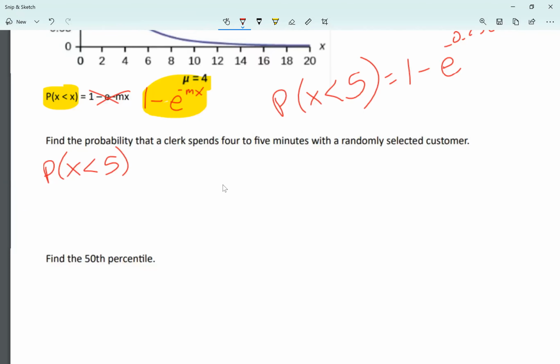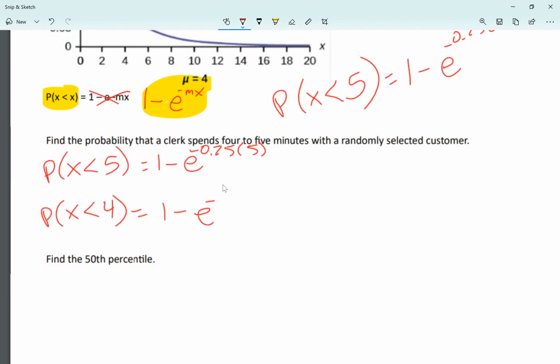Remember, for that one, I go 1 minus e to the negative 0.25 times 5. That's the probability that he will spend 5 or less. I can also find the probability that the clerk will spend 4 minutes or less, and now I go 1 minus e to the negative 0.25 times 4.